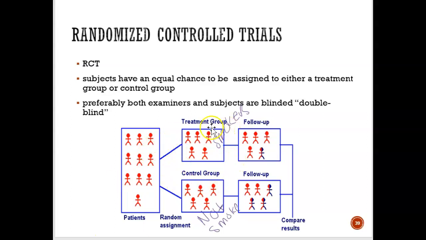Can I give my treatment group cigarettes and ask them to smoke, and then I follow them up over 10 years? It's not ethical. It's not right. As a researcher, we can never harm any of our participants, and this is considered harming them. If I offer them cigarettes and tell them to start smoking, and then I'll follow up on them in 10 years, to see how many get lung cancer, it's just not ethical.